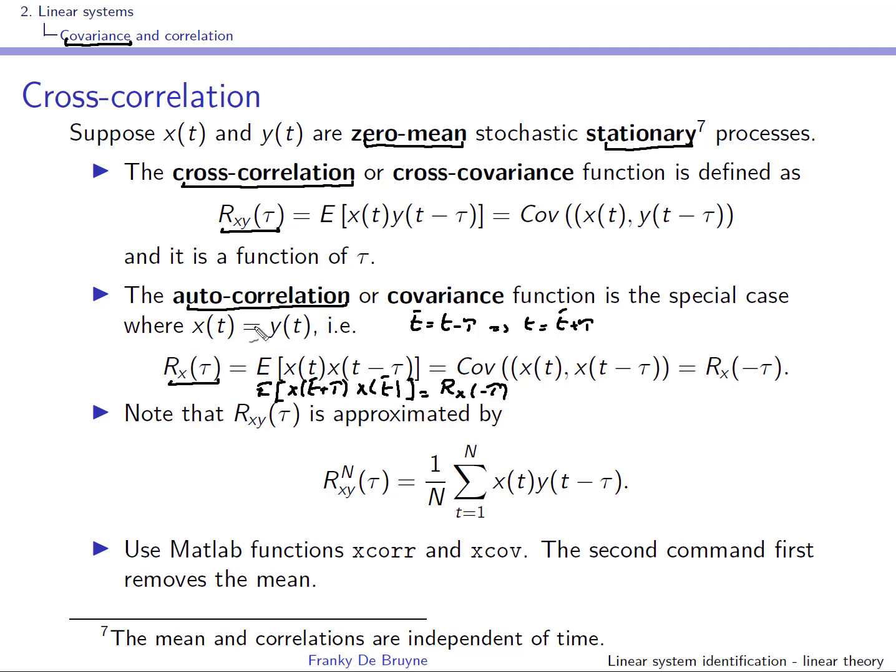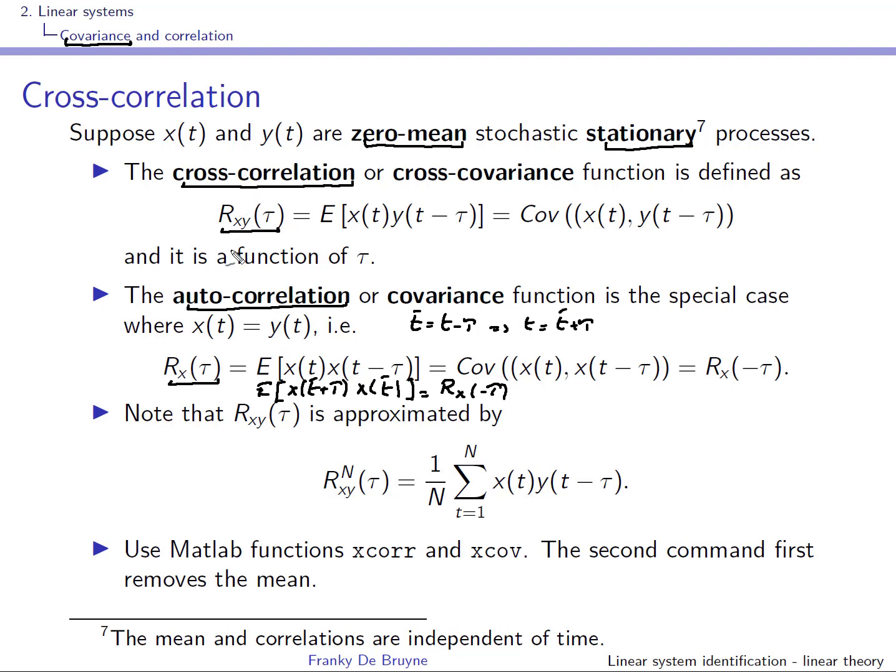So we see that the autocorrelation function is an even function, and this is why when we represent the autocorrelation function, we only show it, in most cases anyway, for positive lags.